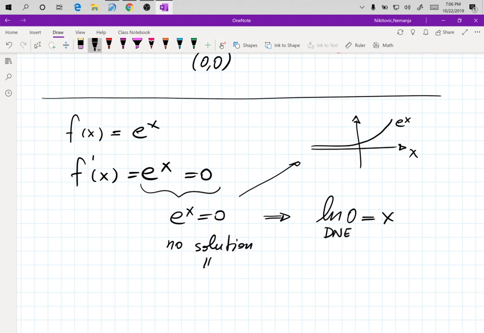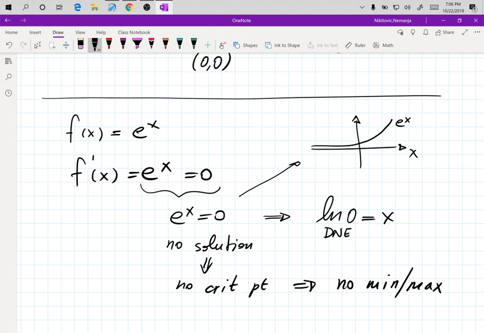And because there is no solution, it means no critical point, which implies no min-max. So here is an example that has no minimum and no maximum at all.